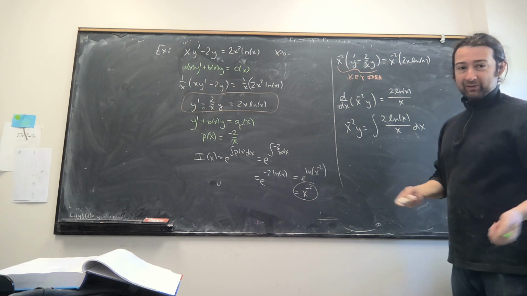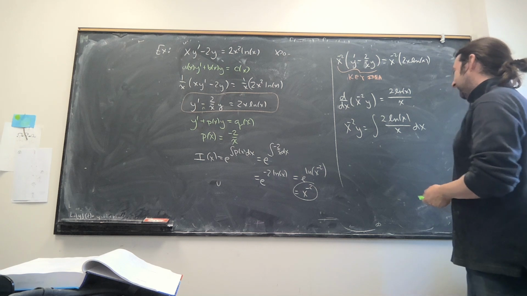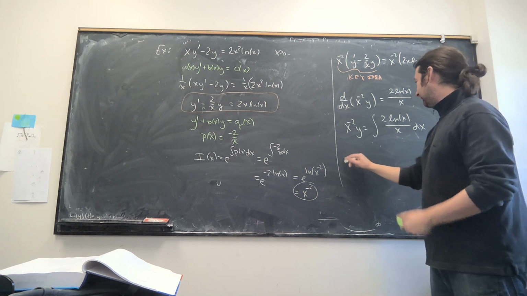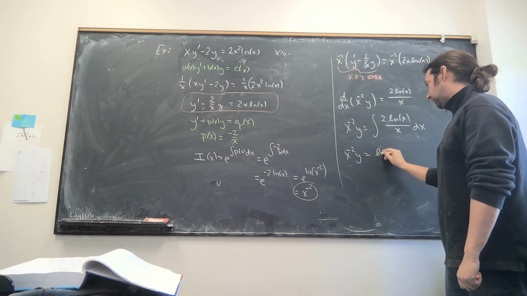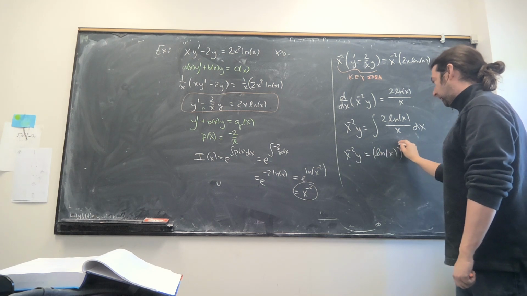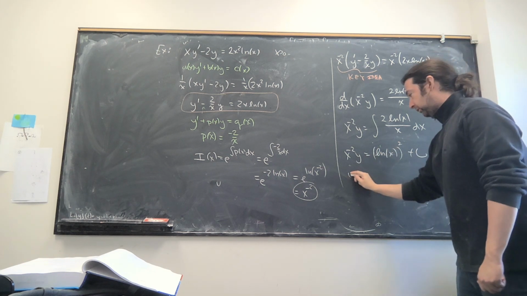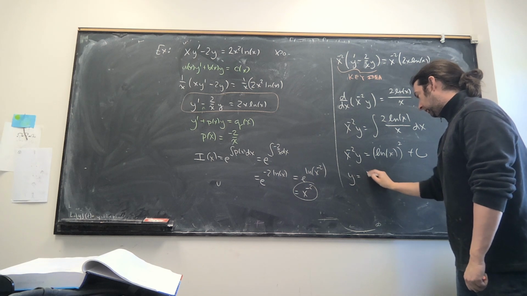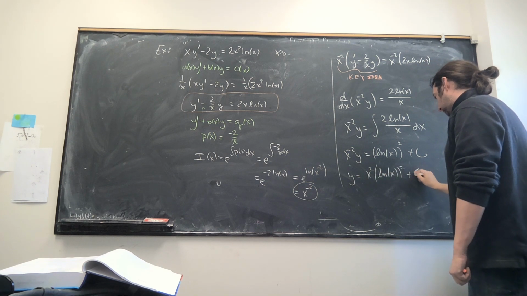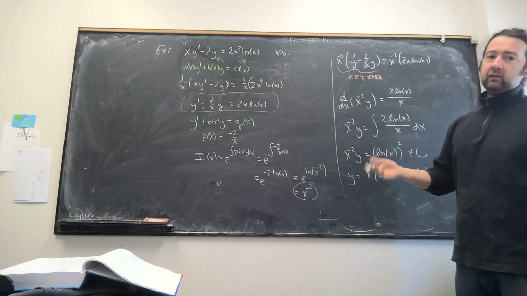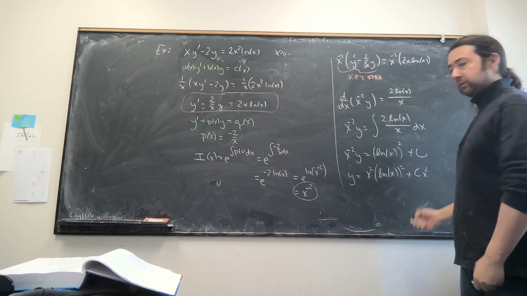If you're crazy, you can try to do it with integration by parts, and you get the same answer. In either case, you're going to end up with x to the minus 2 y is equal to the natural log of x, squared, plus c. And so finally, y is equal to x squared times the natural log of x, squared, plus c times x squared. And if I give you an initial condition, you can solve for c just by plugging it in.